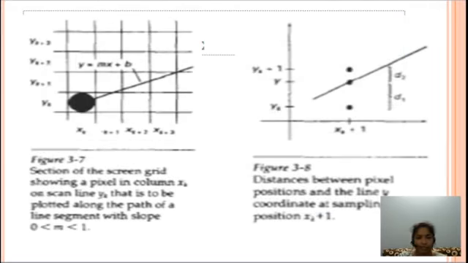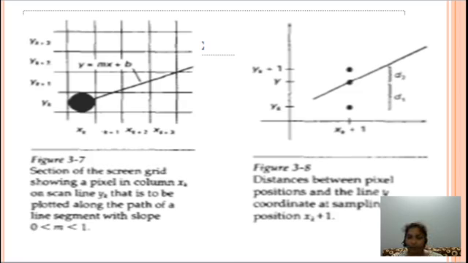In this diagram, you see again we have plotted xk, yk. I told you for slope less than 1, x will be incremented by 1 and for y we have to find out whether it is yk or yk plus 1. See this figure.